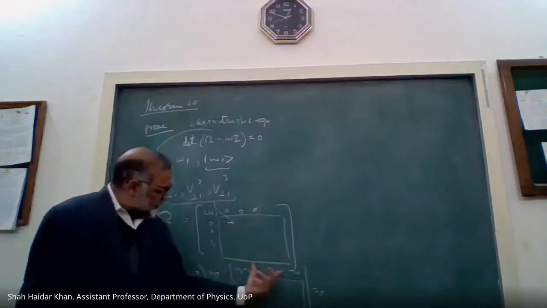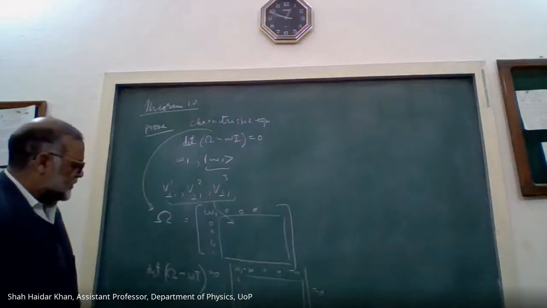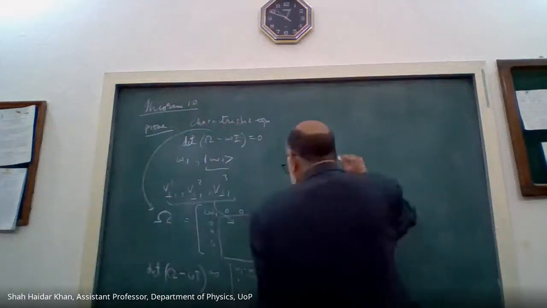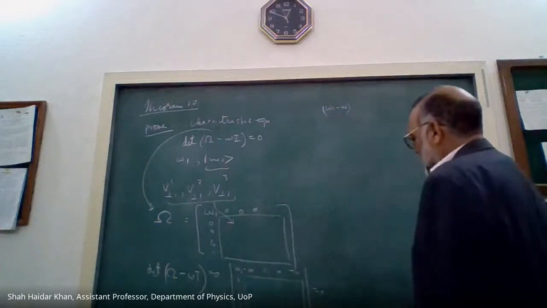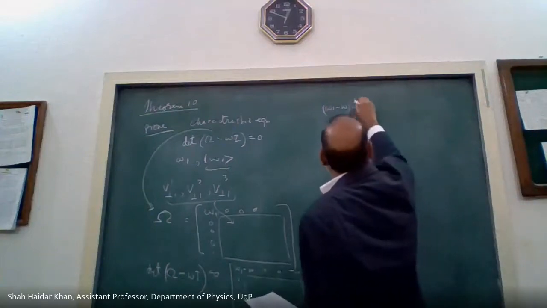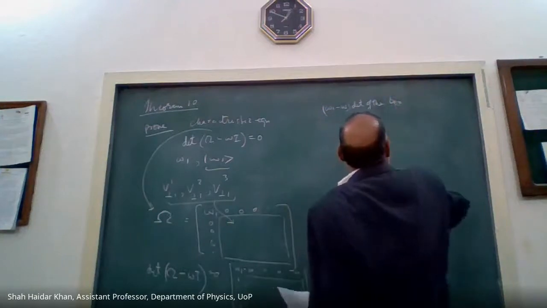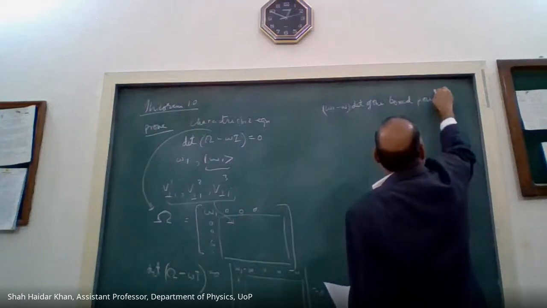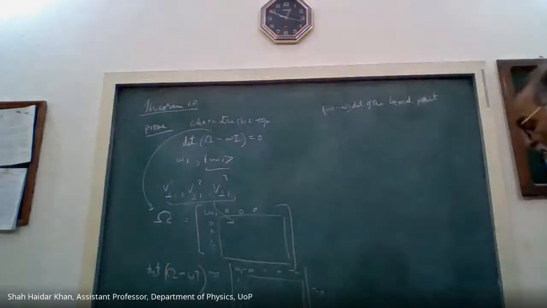So if we want to take the determinant of this equal to 0, we can expand it with respect to this row or with respect to this column. Suppose we expand it with respect to this, then it will be omega 1 minus omega, right? And this thing, and the determinant of the box part, right?